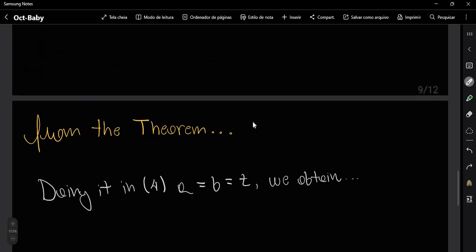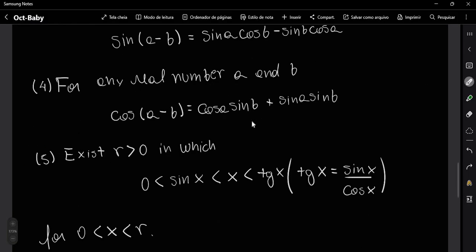So let me just bring the fourth property, this one.